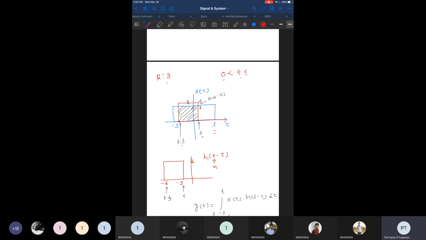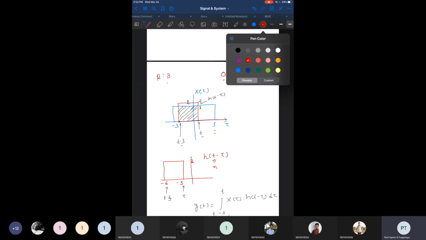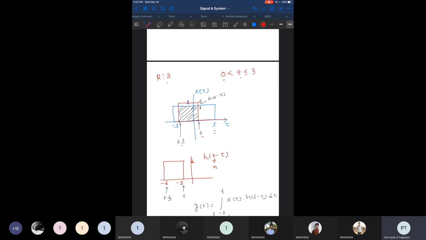Obviously the first instant that comes is that t will cross this 3. So till t is not crossing 3, it means till both the ends of h of t minus tau remain inside x of tau in overlapping, we can have this scenario, right?